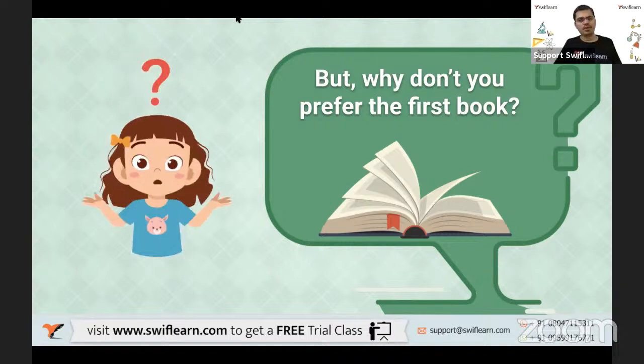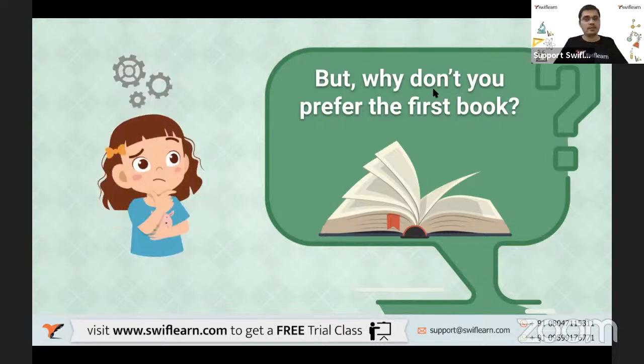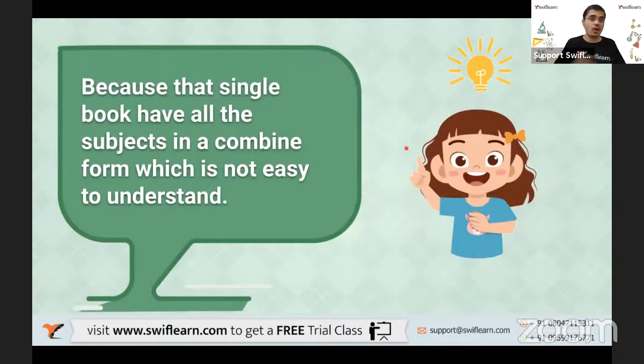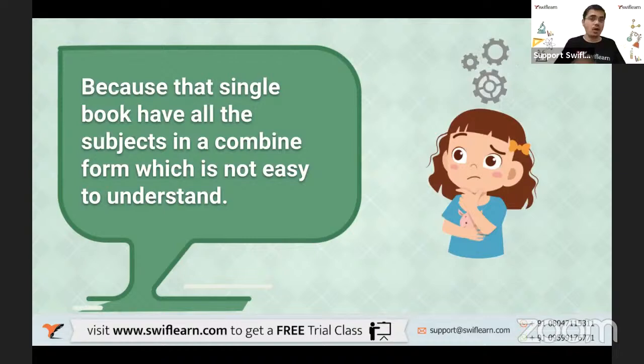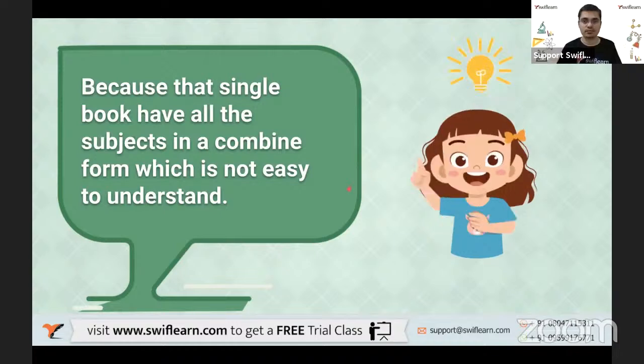But most of you will go for the separate books, is it not? Because that single book is in a combined form, which is not easy to understand, right? So the purpose of learning is what? To understand. And if you're not able to understand anything from the learning, then what's the use? There is no use, is it not?